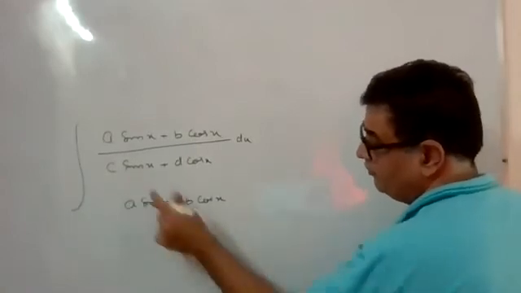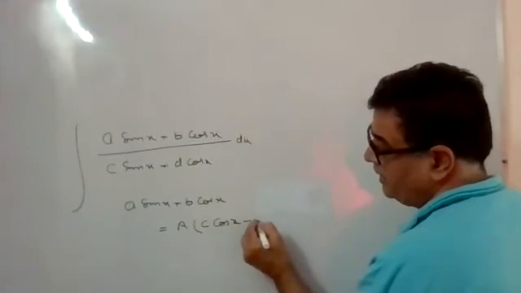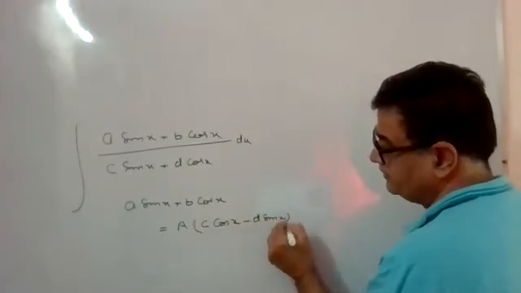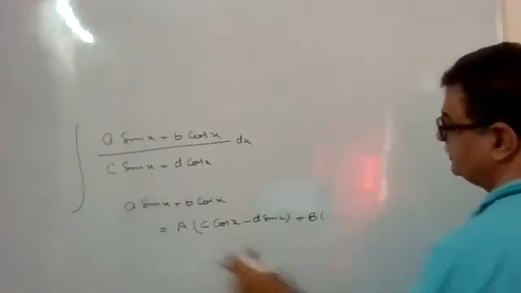A times the derivative of this, that will be what? c cos x minus d sin x, plus b times the denominator itself.